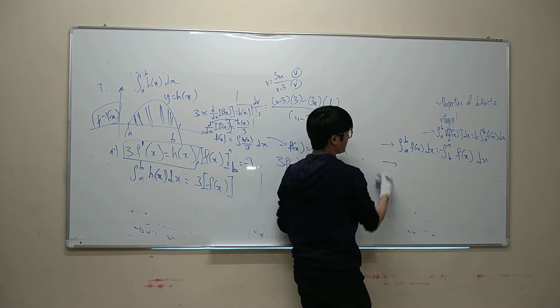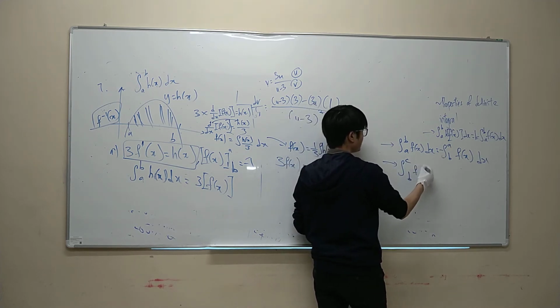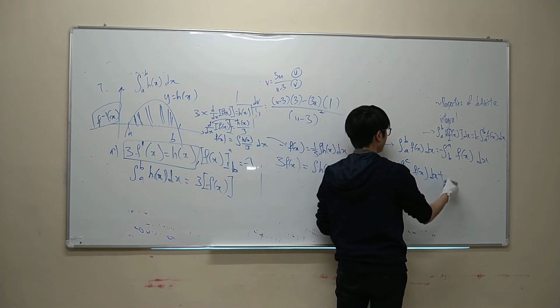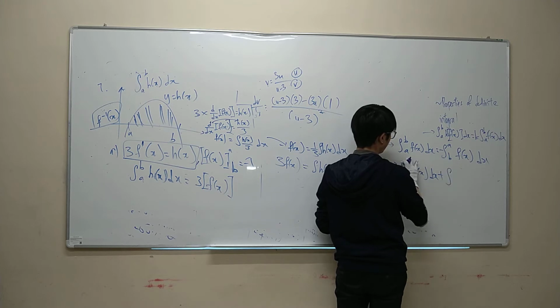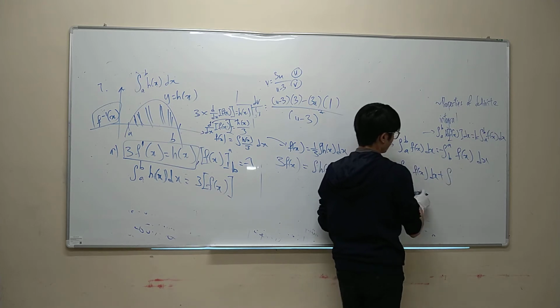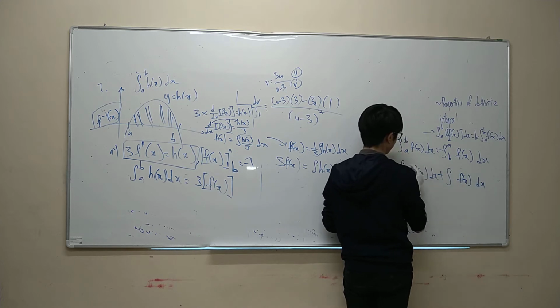Okay, next property. Integrate CB fx dx tambah dengan integrate, let's say, okay, here should be fx dx, and here should be CB, okay, boleh lah, CB and then BA.